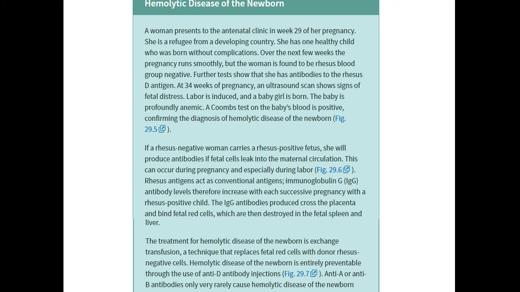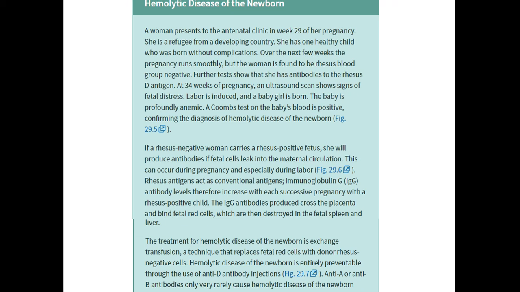Usually during the first delivery, some of the Rh positive red blood cells could sensitize the mother, and so in the next coming pregnancy, the anti-Rh positive antibodies will cross the placenta going to the baby, and complement will be activated, and then the red blood cells of the baby are going to be hemolyzed, and we call that hemolytic disease of the newborn.